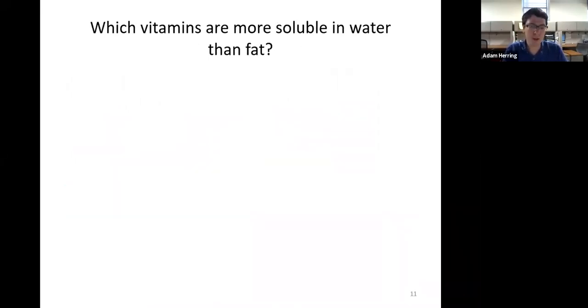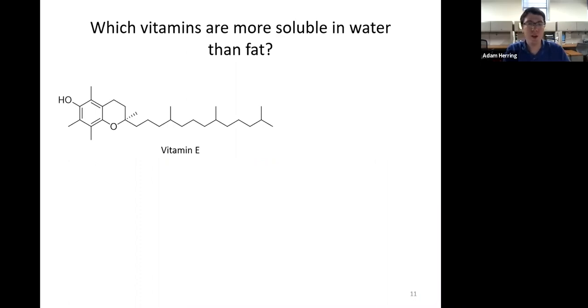Let's take an example here. We're going to look here at 4 different vitamins and evaluate which ones will be soluble in water versus fat. So vitamin E, would you think that this would be more soluble in water or fat? Hopefully, you would identify that while it does have some polar regions, it's mostly nonpolar.